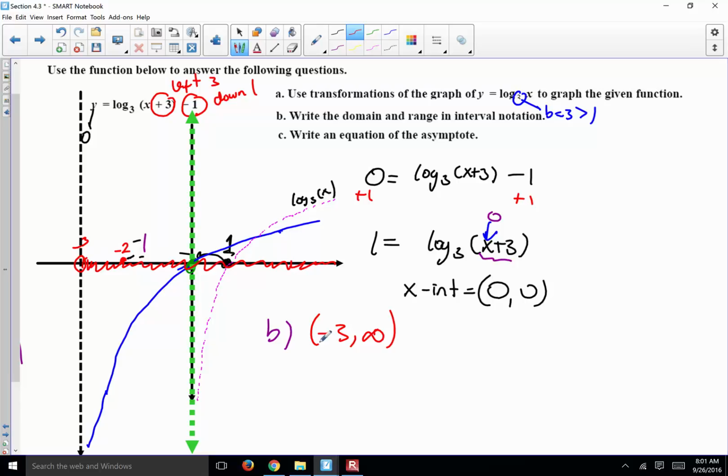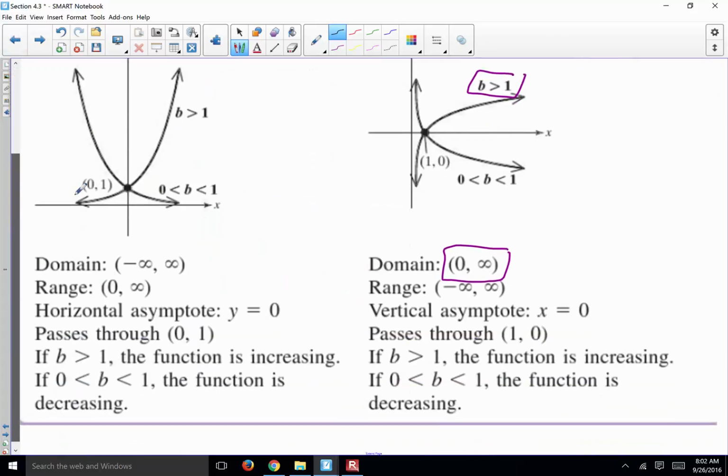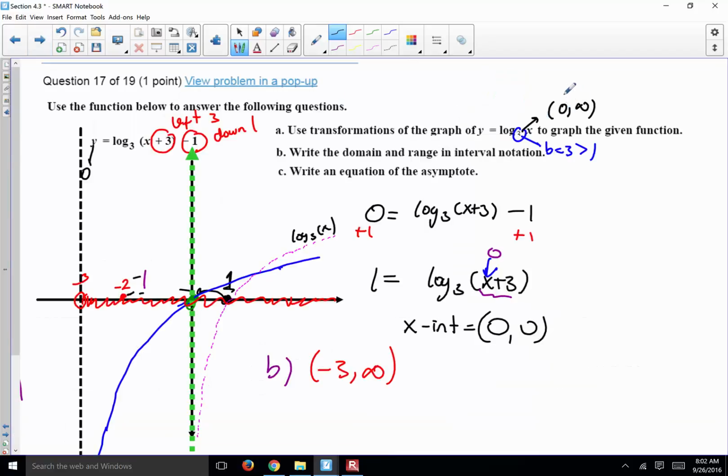Minus 3 is not included. Well, isn't it true that the domain of this original function was 0 to infinity, as it's clear here? 0 to infinity is the default domain of any logarithm base b of x. Then we shifted this 3 left. When I shift 0, 3 left, it's going to go to minus 3, of course.